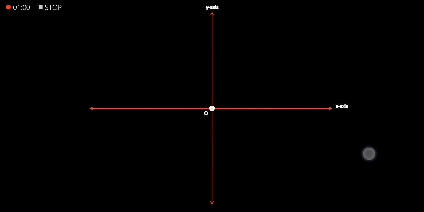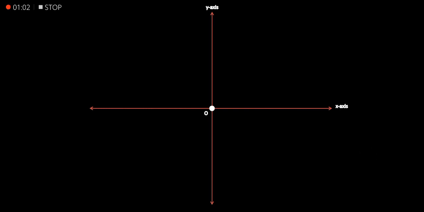We have a horizontal line and a vertical line. Both the lines meet at point O. The horizontal line is called the x-axis and the vertical line is called the y-axis.